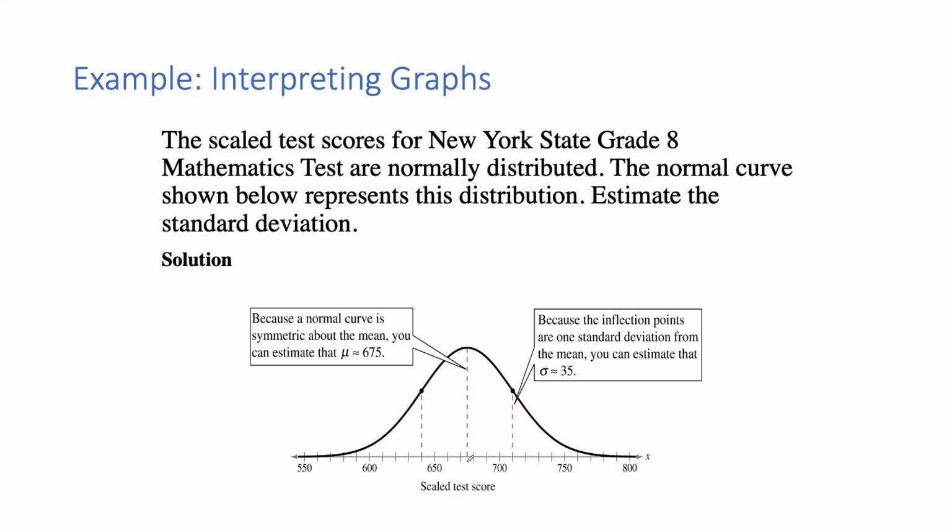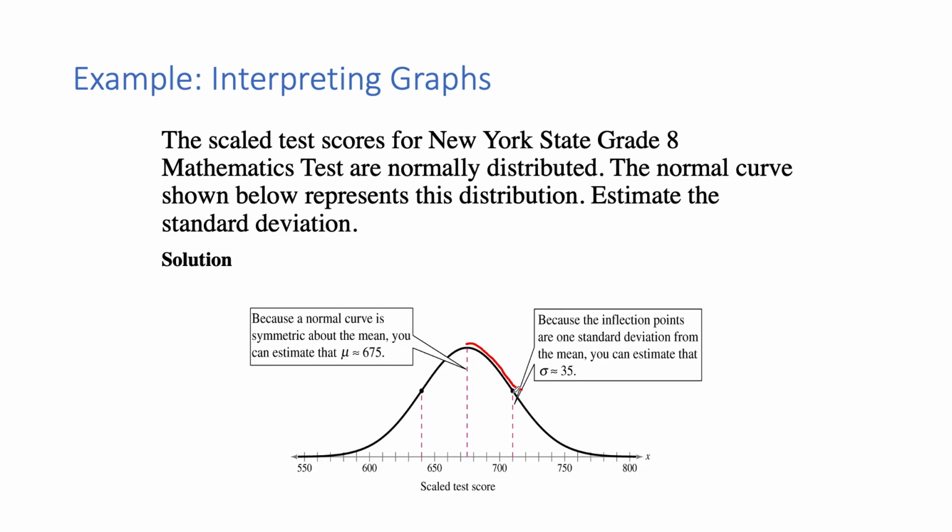Now, getting to the standard deviation is a little bit more difficult. It involves a little more eyeballing. This is not as precise. What I'm trying to locate is, as I travel from the top of the distribution down the slope, the point at which the curve seems to level itself out, where the curve is changing direction.